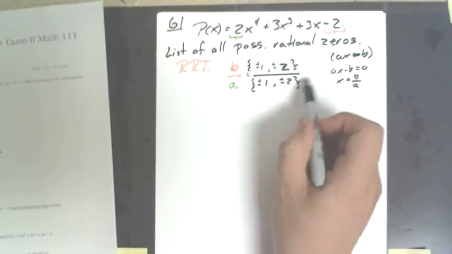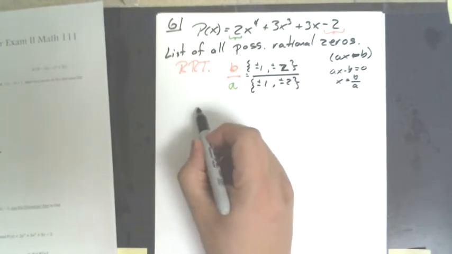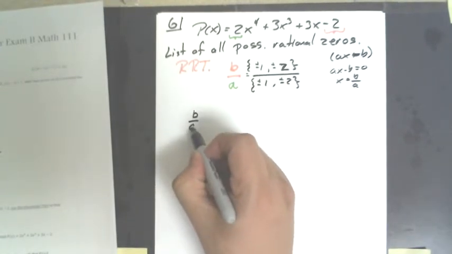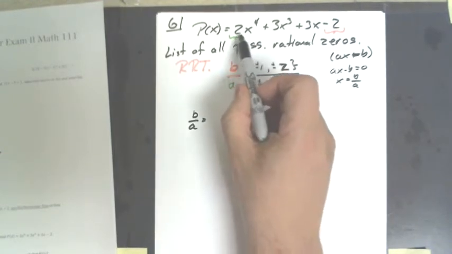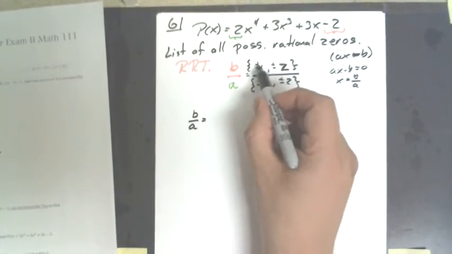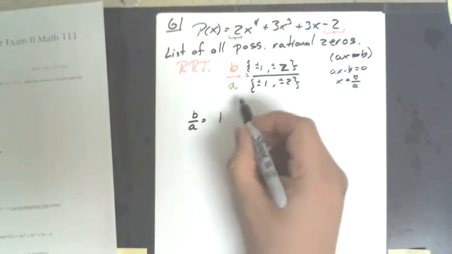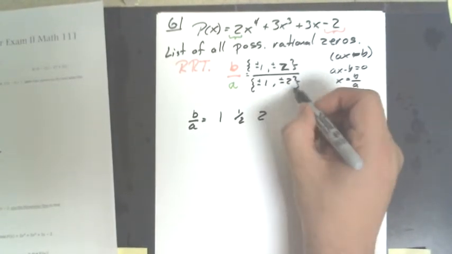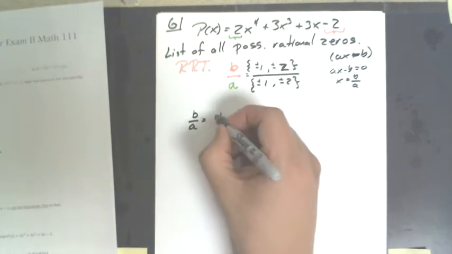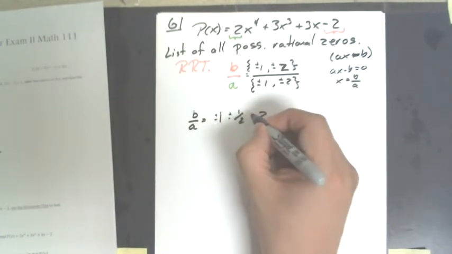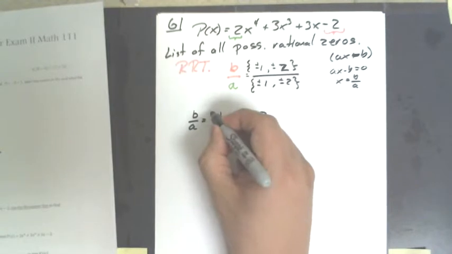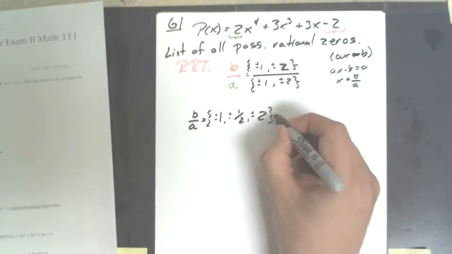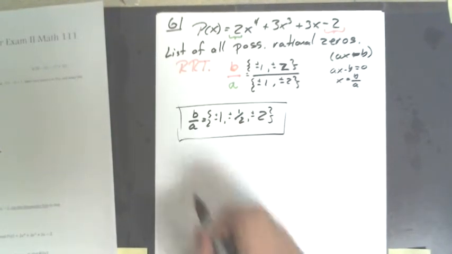So every single fraction that you can make out of those is possible as a rational zero for that polynomial. So 1 over 1, 1 over 2, 2 over 1, and 2 over 2. Of course, 2 over 2 is just 1, so no need to be redundant. Put in the plus or minus, and that is your list of possible zeros.